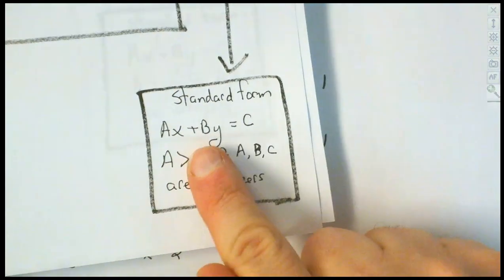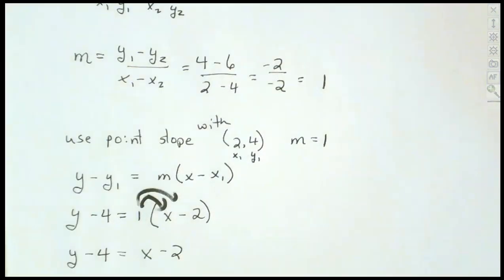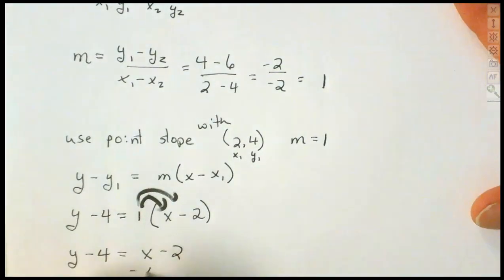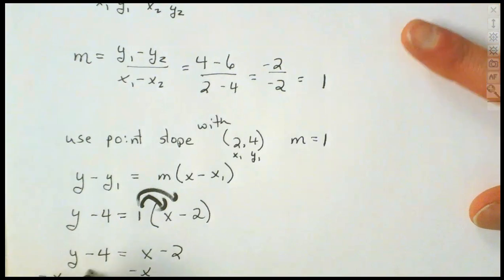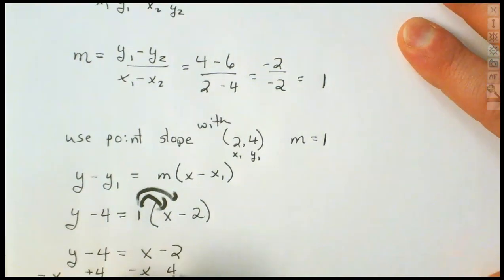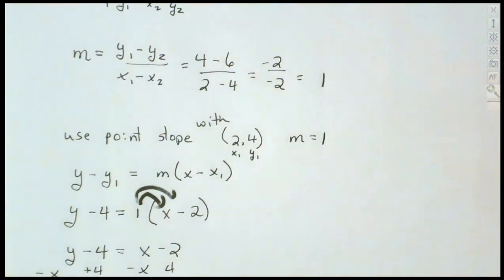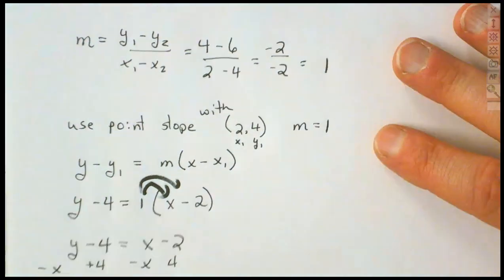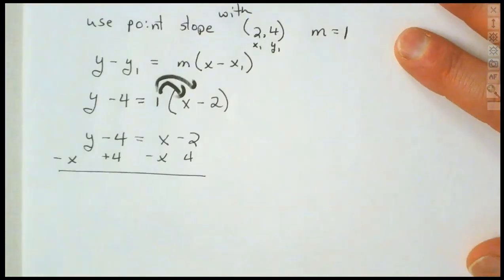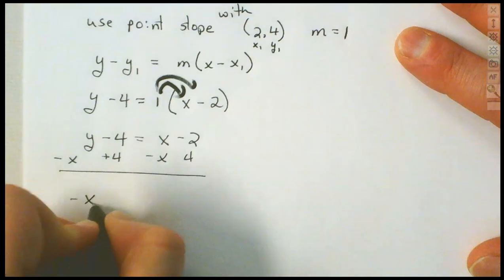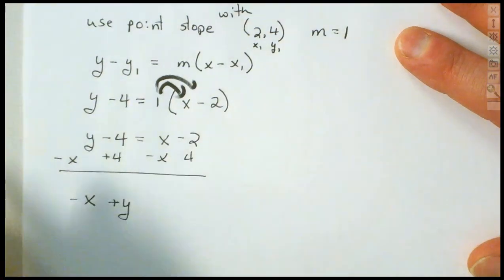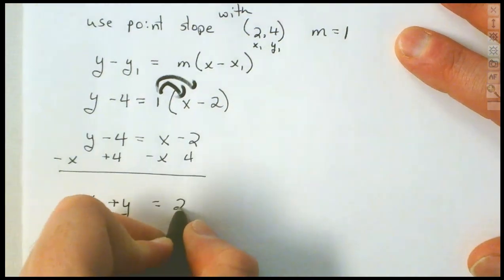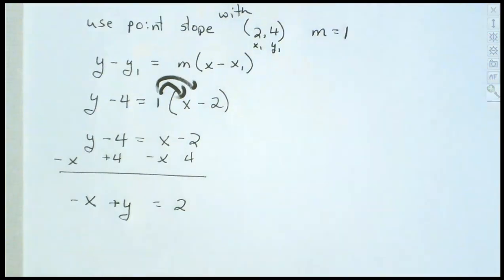So we want it to look like this. So what do we do? We move that x over, and we add that 4. That way the numbers are on the right, variables are on the left, and we now have minus x plus y equals 2.